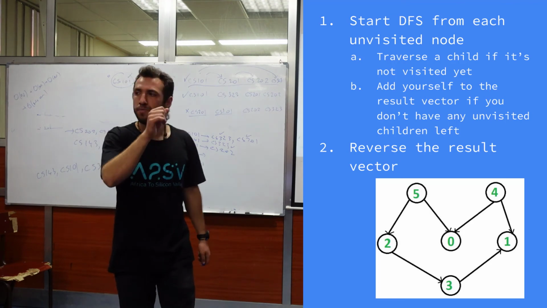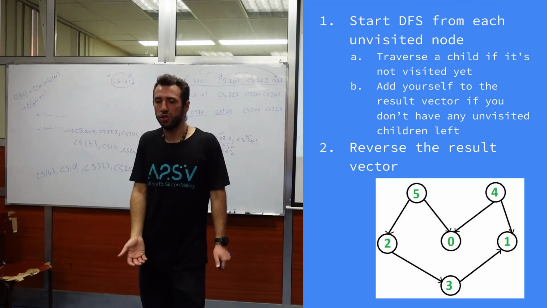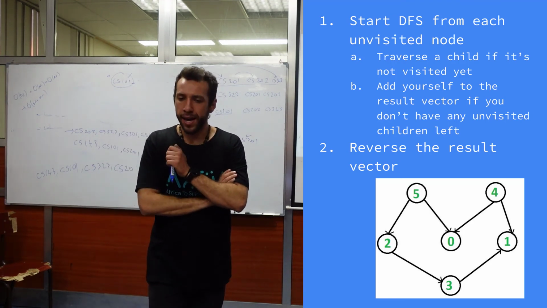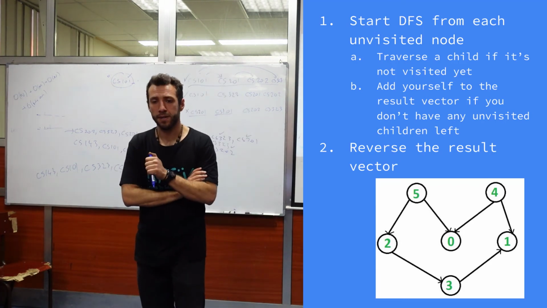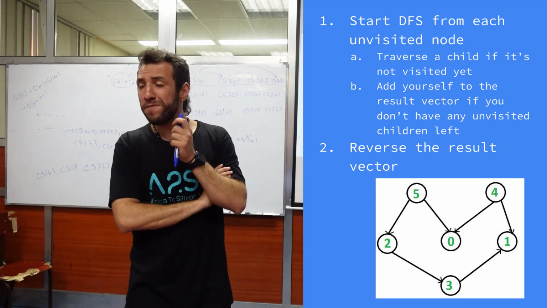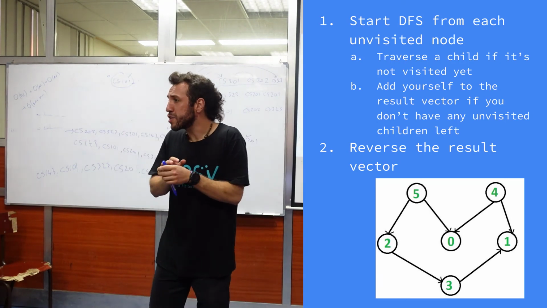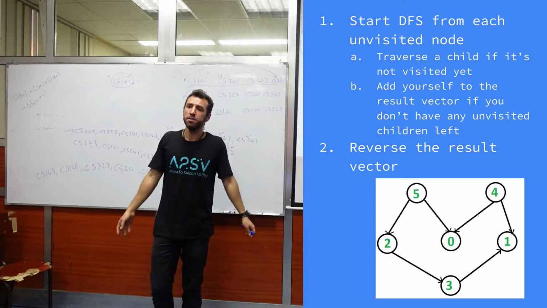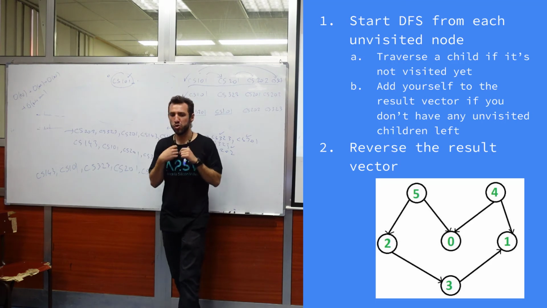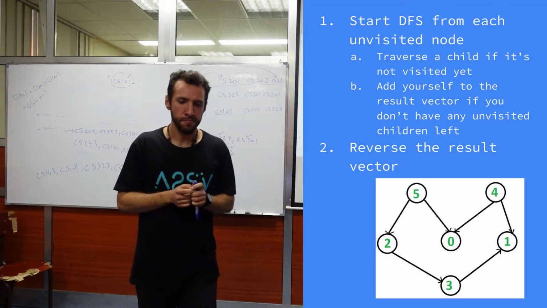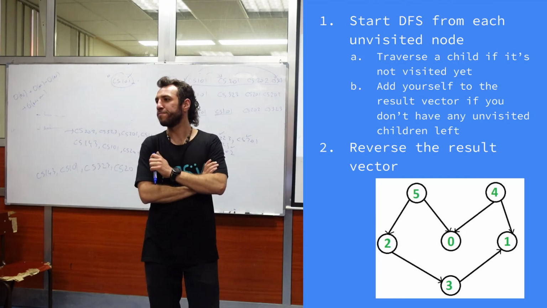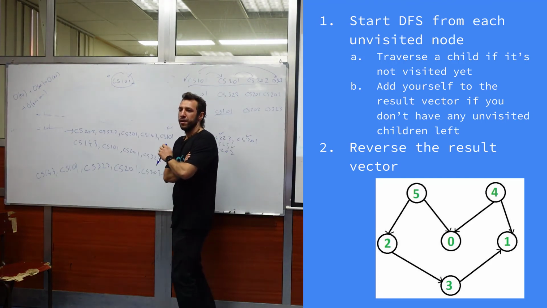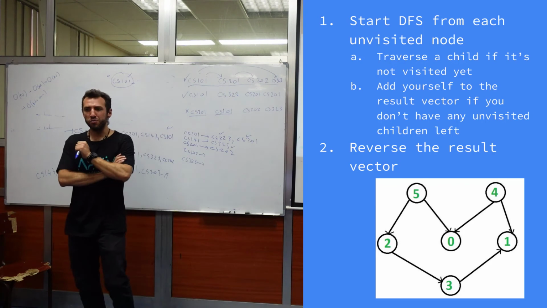But normally, we can just put a mark, which is like a logical deletion. And if it has any unvisited children, we go deeper. It's DFS. And if that is not the case, if we are done with all the unvisited children, it means it's our time to go into the result set. And by the end, we need to reverse the result vector as well. So are we clear with this algorithm too?